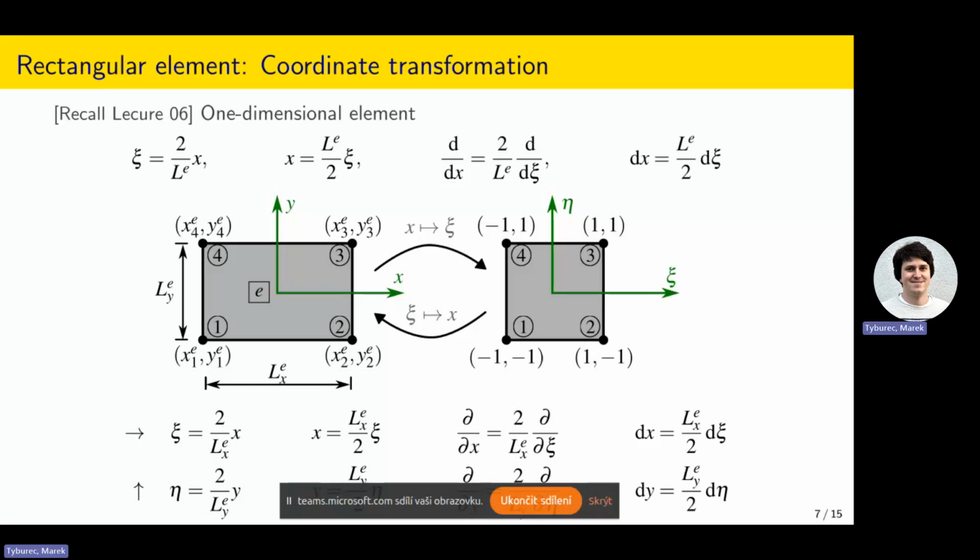For n3, a function of psi and eta, we get 1/2 times 1 plus psi times 1/2 times 1 plus eta.